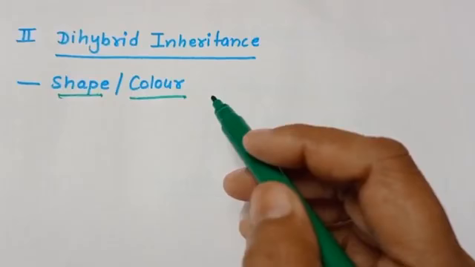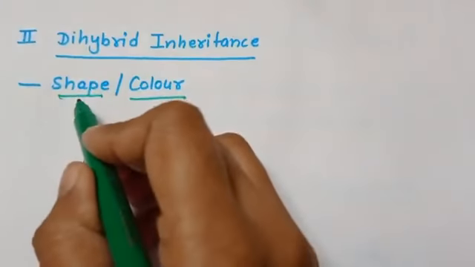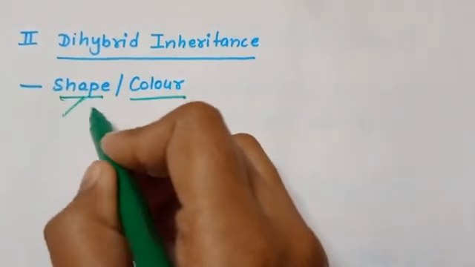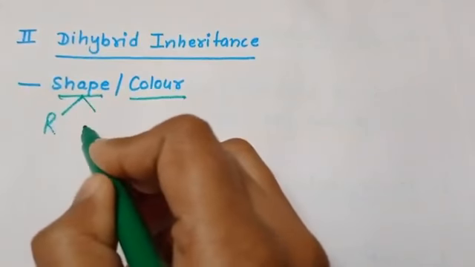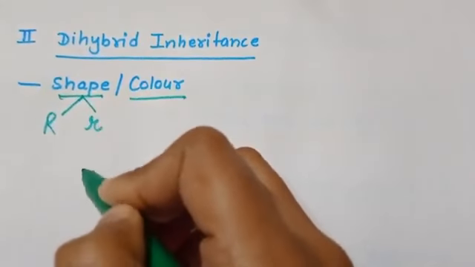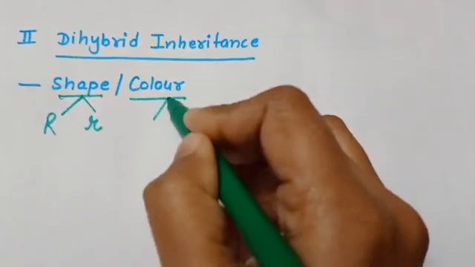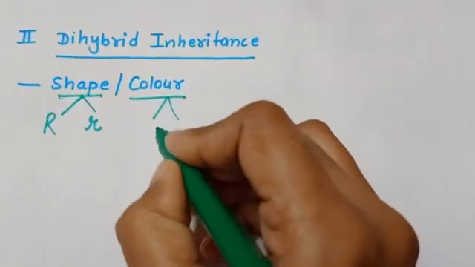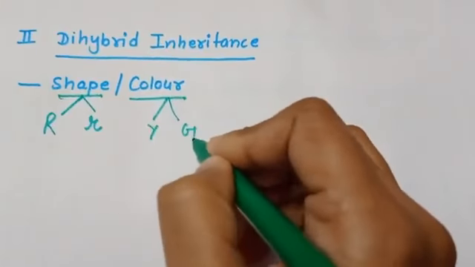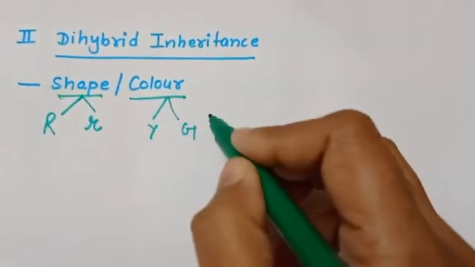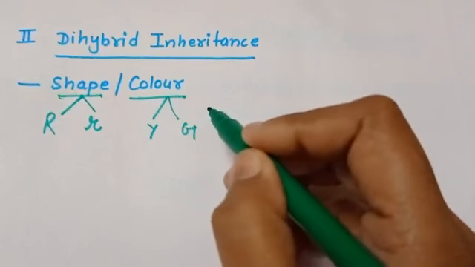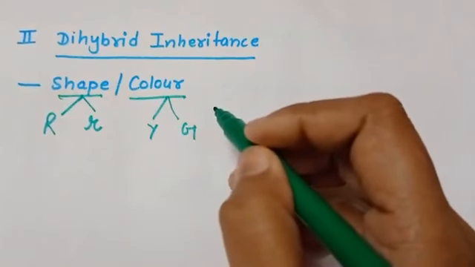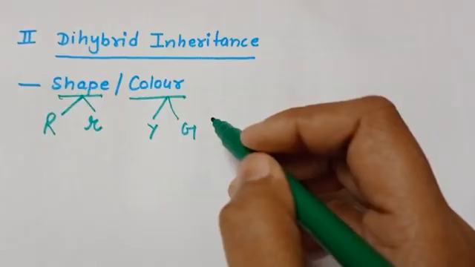He crossed pure breeding pea plants. Shape can be round, let's say capital R is round, and another type can be wrinkled. Color can be yellow or green. The garden pea plant was available in both, so that is why he chose it.